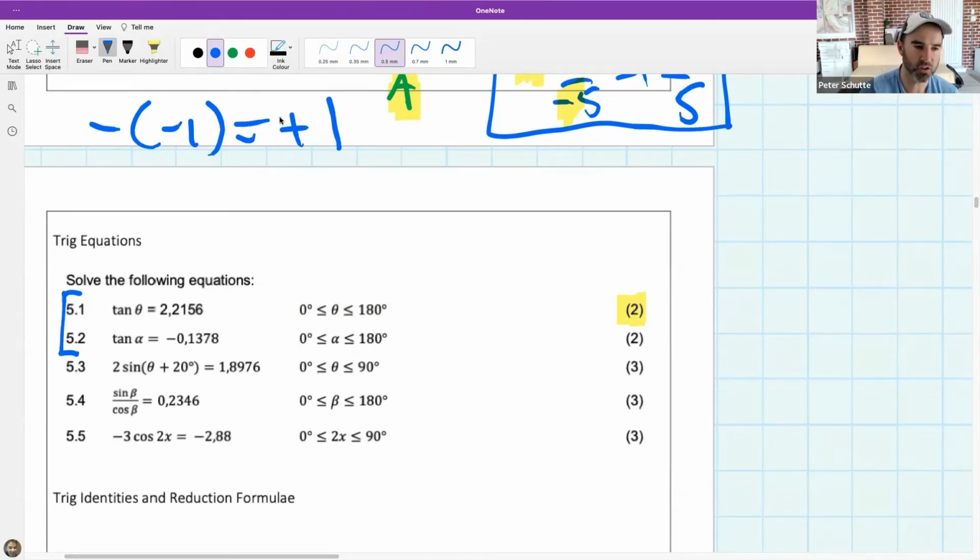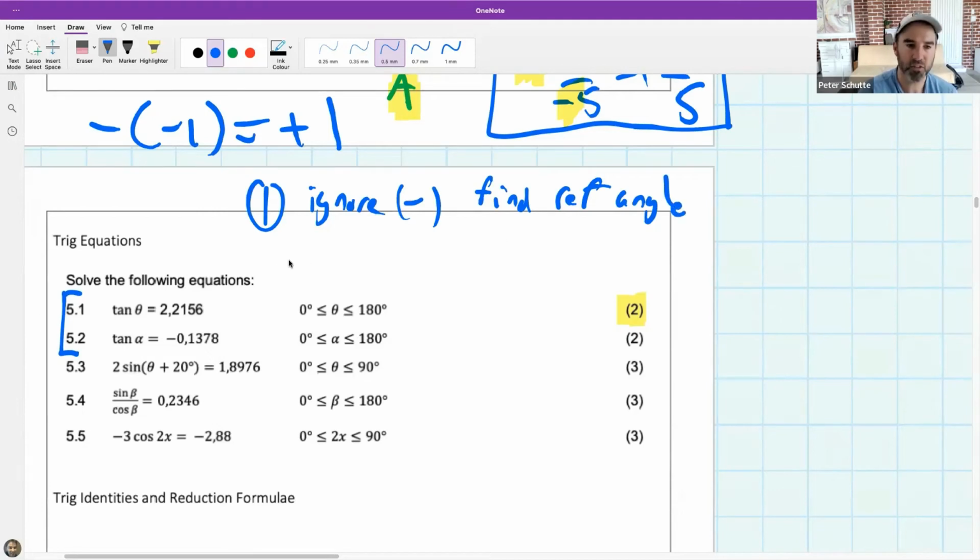The method I used in class is I said, ignore negative signs, and then find a reference angle. So that's step one. And step two was decide on quadrants, where, for example, tan is positive in the first question, or in the second question where tan is negative.